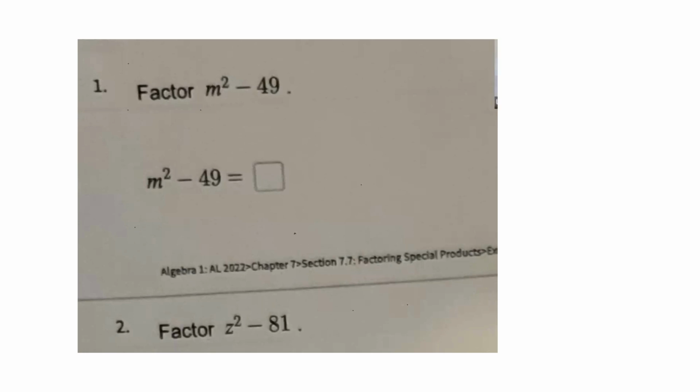So all you have to do is your puzzle tray like you do with trinomials, even though this is a binomial. The square root of m squared is just m. And then you go plus minus 49, 7.